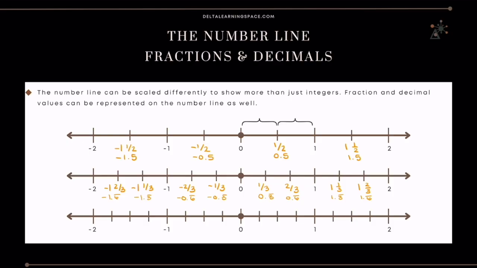Now onto our last number line. Same as above, we take a look at how many spaces are between 0 and 1. So I have 1, 2, 3, 4 spaces, which means that my number line will be cut into fourths.